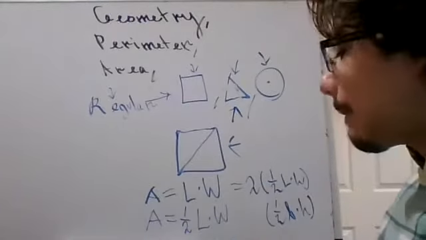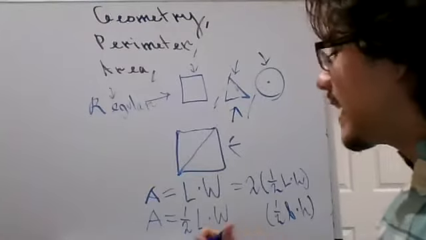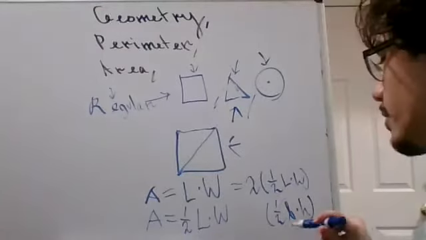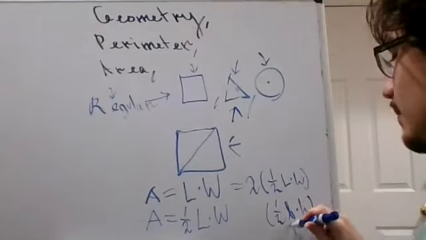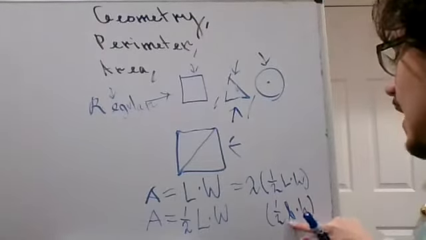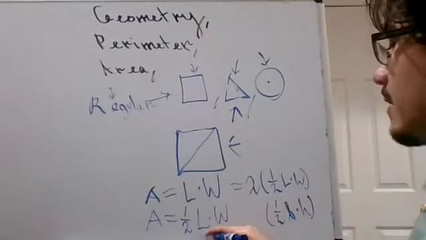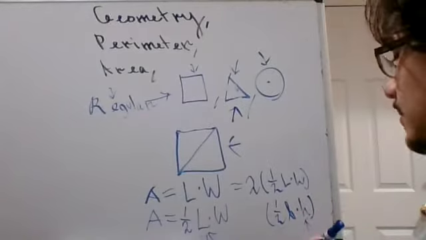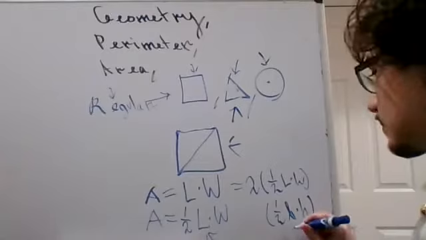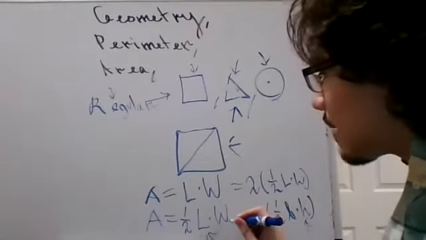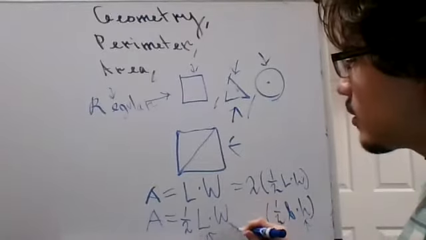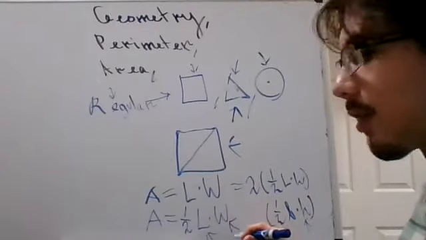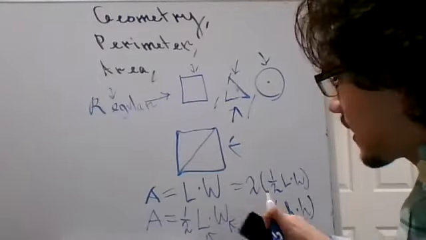From now on, I will be tending to use, no, not base. I will be using length and height more often than not. There's not many times where you would use width in discussion.